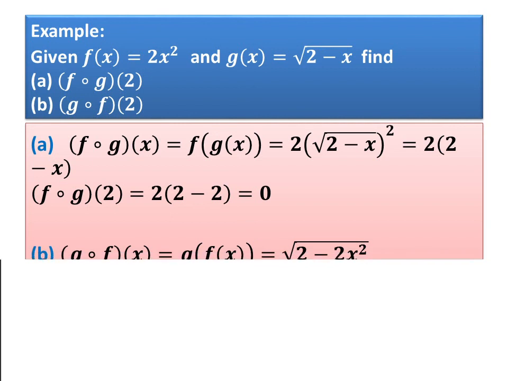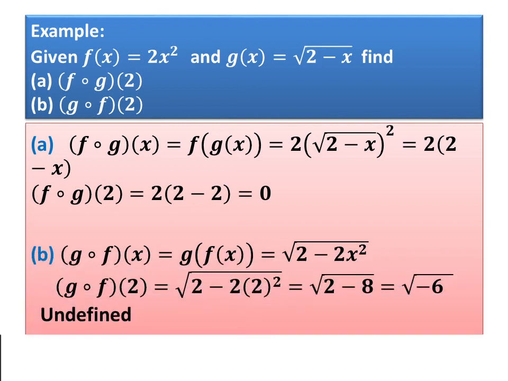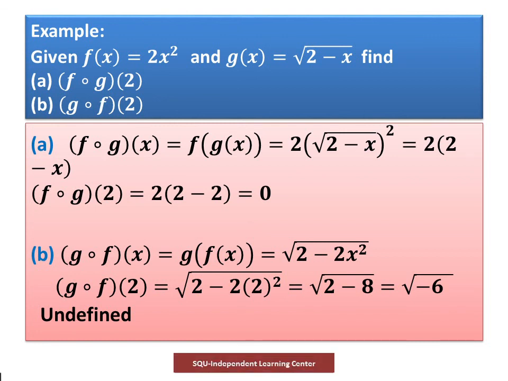Now part B, find g circle f of x, which is g of f of x. This is equal to square root of 2 minus f of x, which is square root of 2 minus 2x squared. Now we evaluate g circle f of 2.